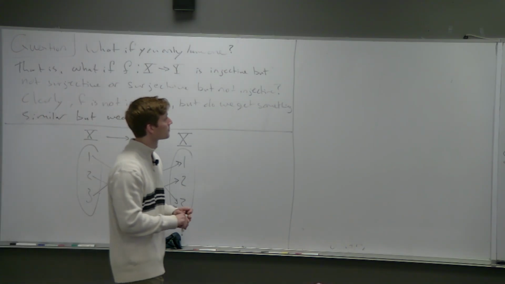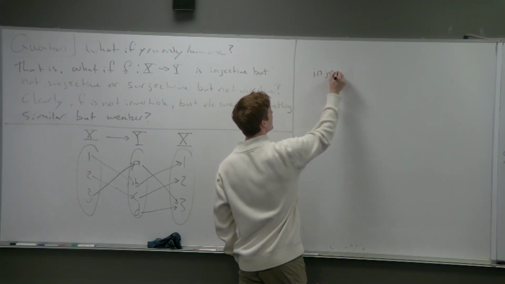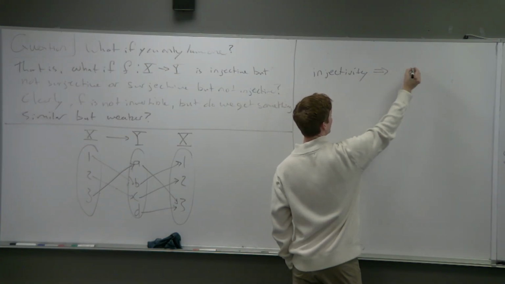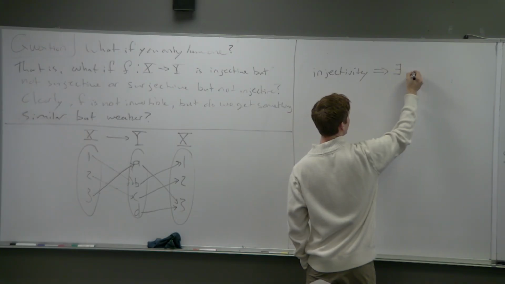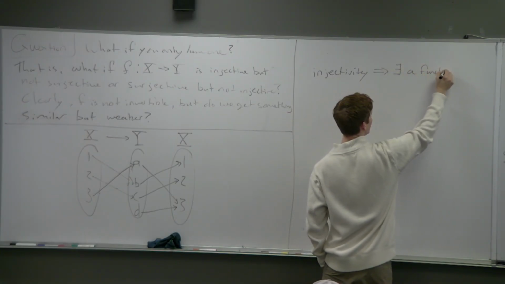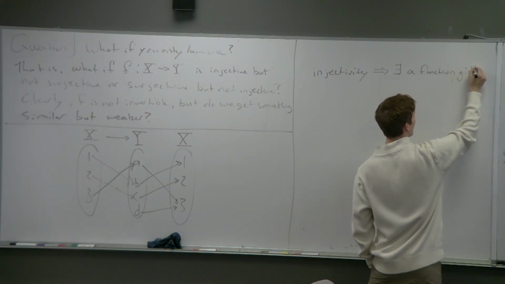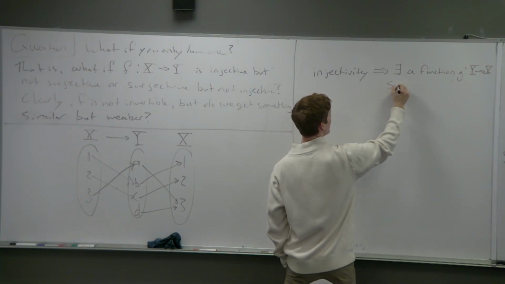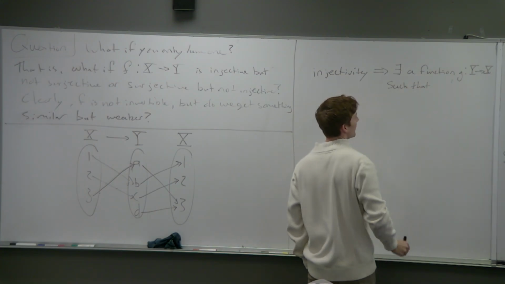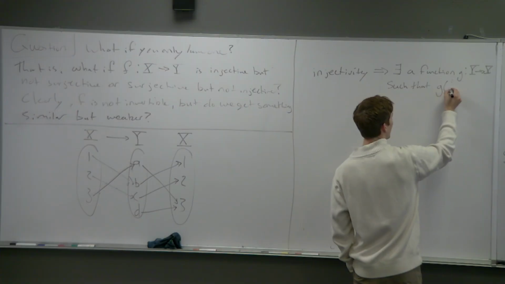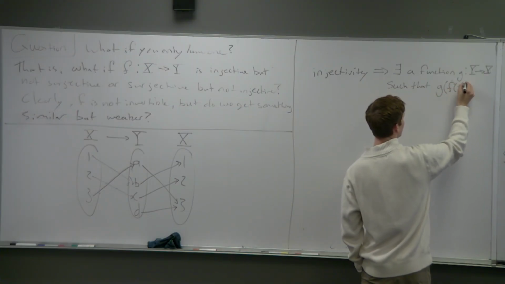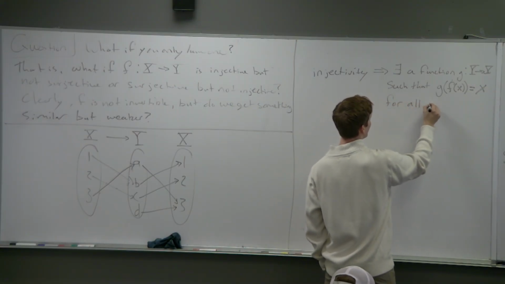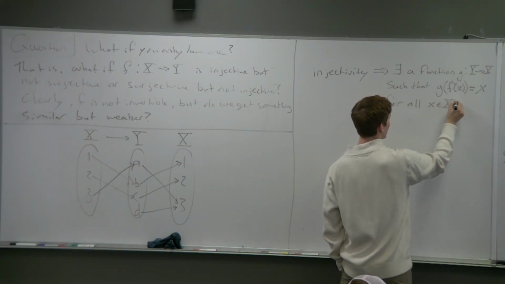That is, here's the claim. Injectivity implies there exists a function g from y to x such that g of f of x equals x for all x in x.